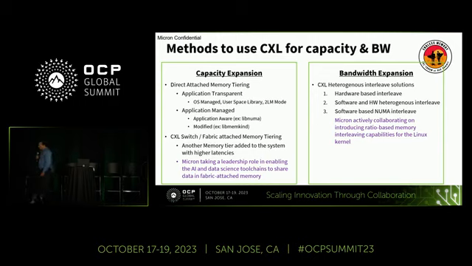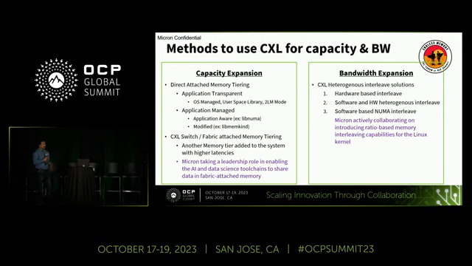Then there is application managed, where applications are aware of the memory tiering, the NUMA nodes, and their characteristics, so they can utilize those characteristics to run the application and allocate the pages, right? One library that I mention as an example there is libnuma.